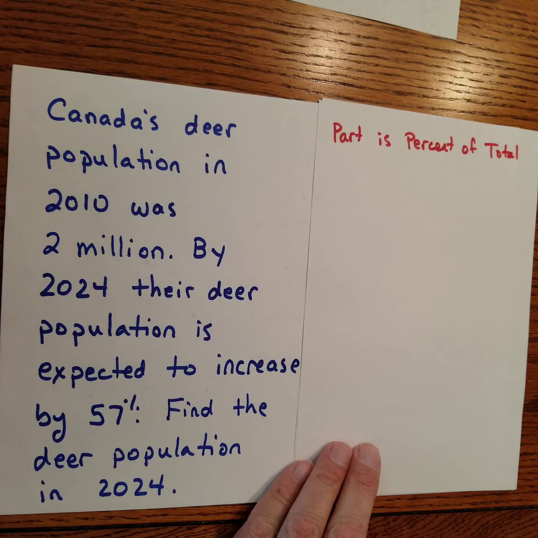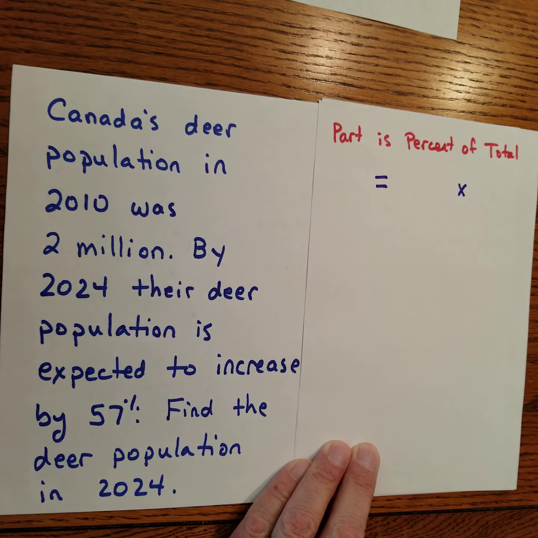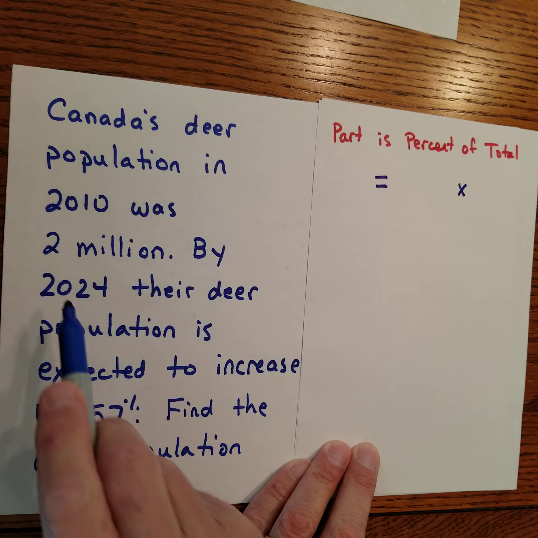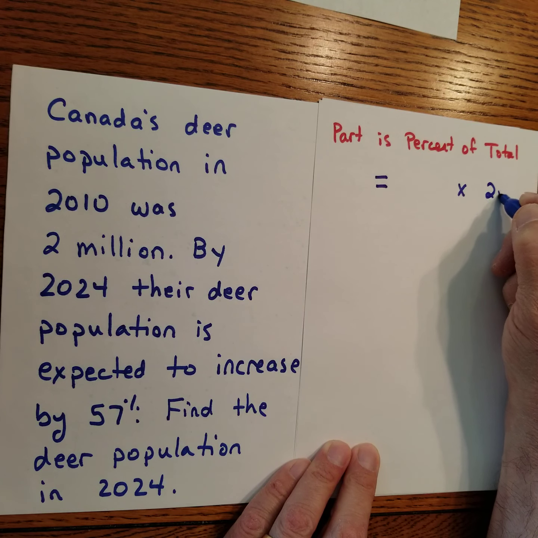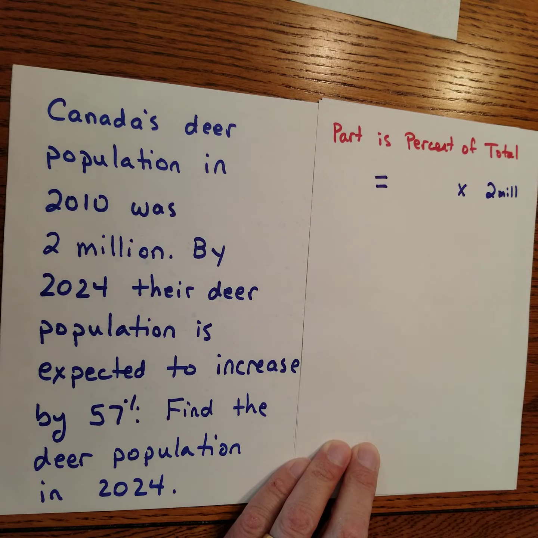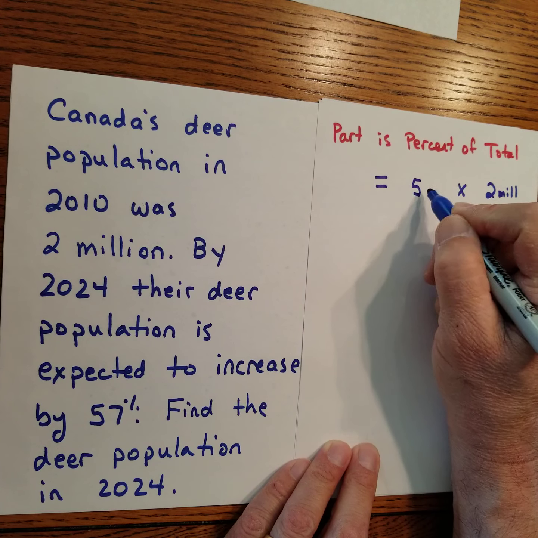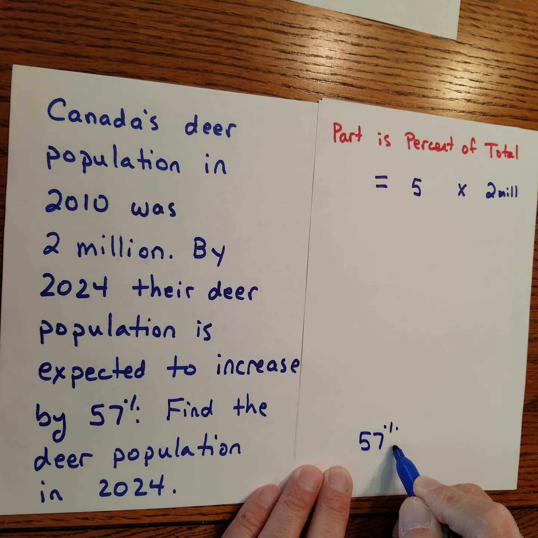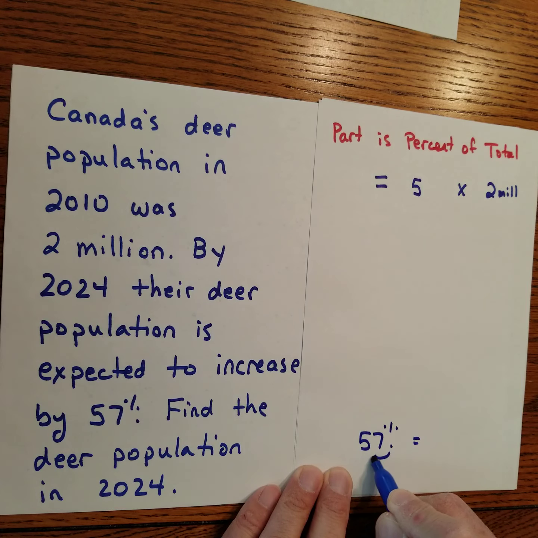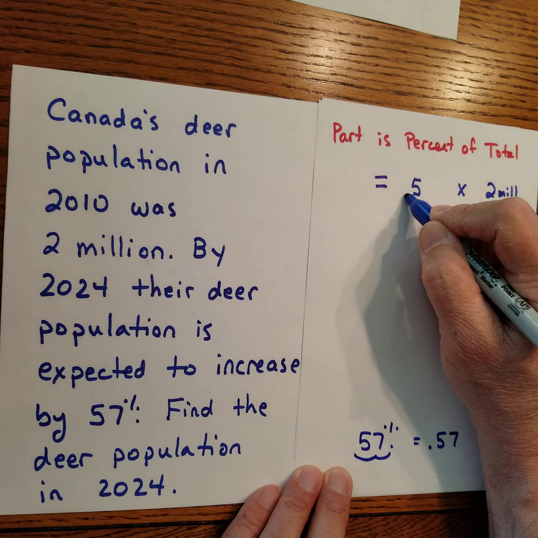Let's fill out the formula. Is equals, of is times. 2 million deer, that was the total of the deer population. 57% is the amount of the percentage of increase. Let's remember that 57% should be written down as a decimal, 0.57.